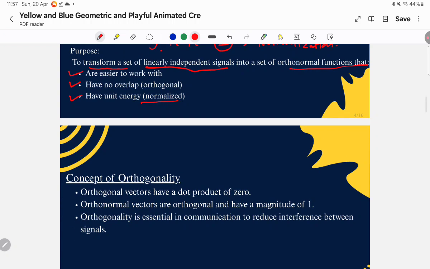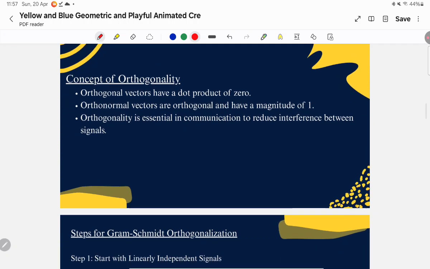Okay, now what is the meaning of orthogonality? When we have two vectors, you all know, let's say this is vector B, this is vector A. If vectors A and B are orthogonal, then their dot product is 0, or you say their inner product is 0, right?